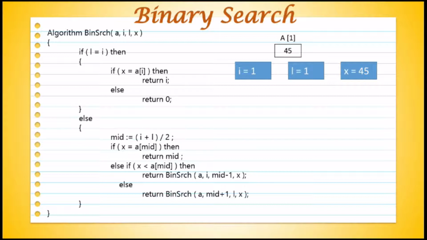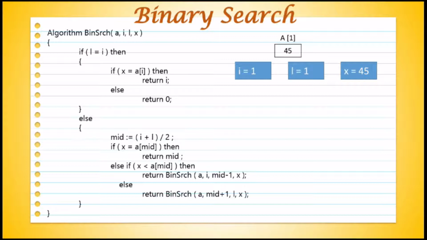In the if part again we are checking whether X is equal to A of I. Here X is 45, and A of I means A of 1. So 45 is equal to 45. This condition is true, that means we will return I. What is the value of I? 1.